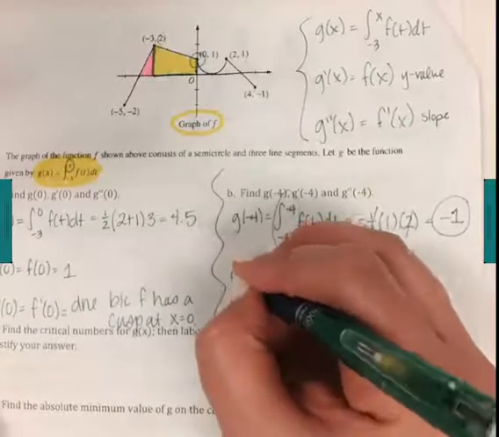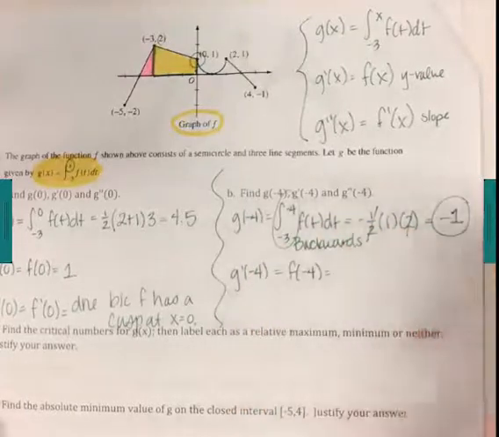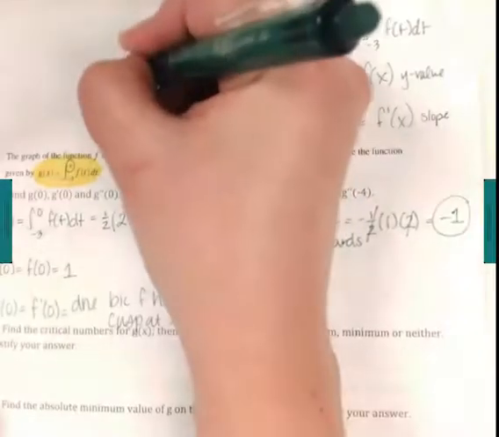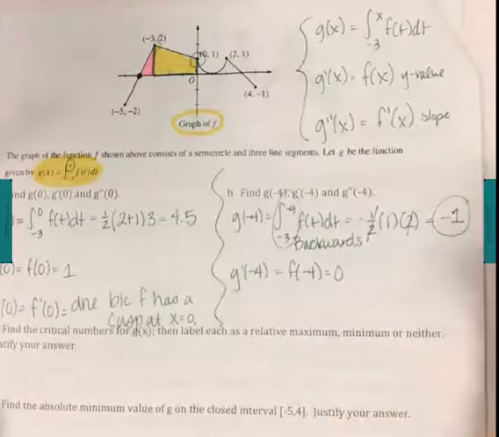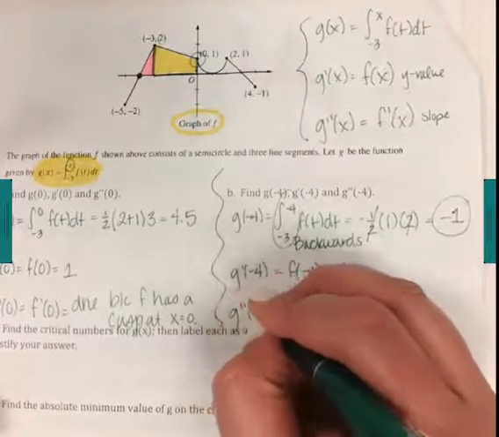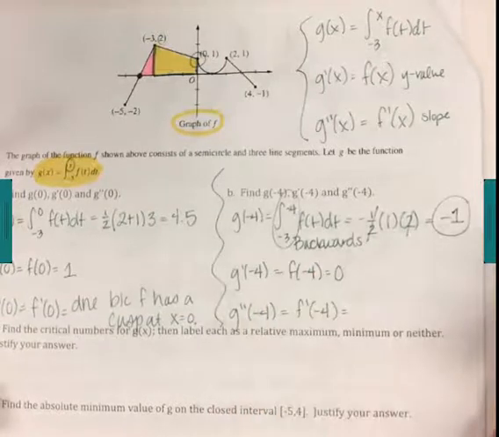Okay, next I want G prime of negative 4, but that's really f of negative 4, because remember, G prime and f are the same. So f of negative 4, what's the y value? 0, because negative 4 would be here. Then I want G double prime. What's G double prime the same as? F prime of negative 4, which is this slope.